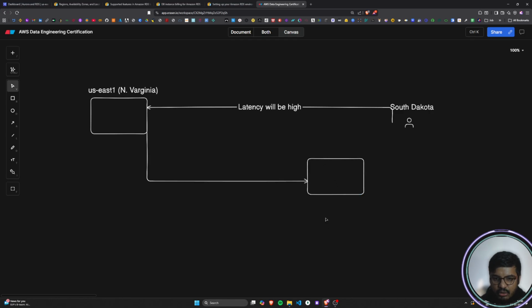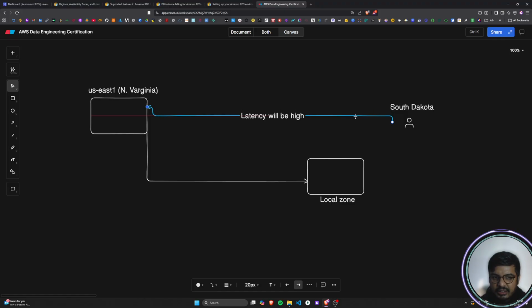Okay, so this is a local zone of this particular region, and maybe it is there in some location which is pretty close to South Dakota. And now, if my user is present in South Dakota, I will redirect the traffic to this local zone, and here our latency will be pretty low.